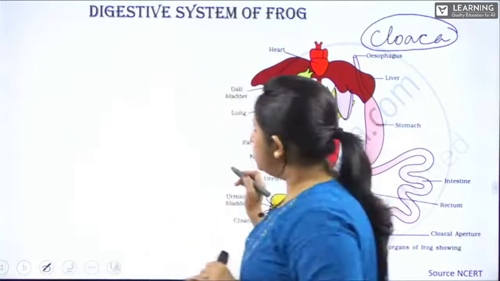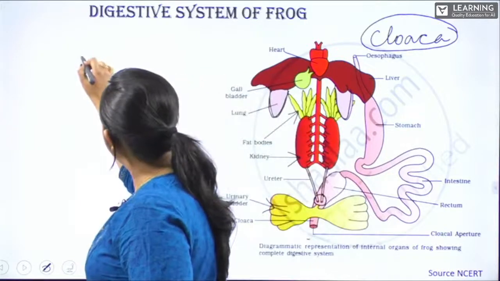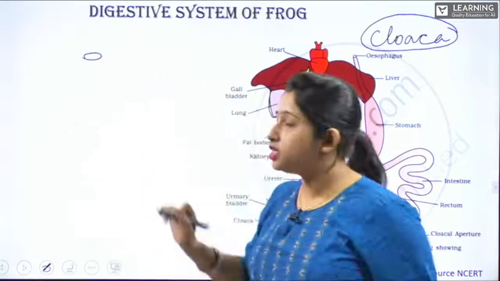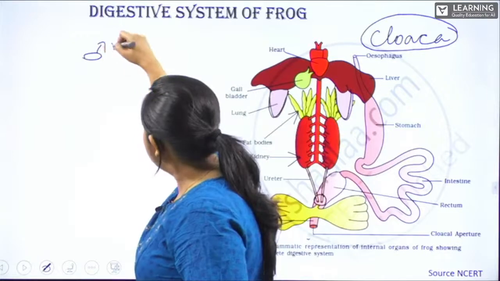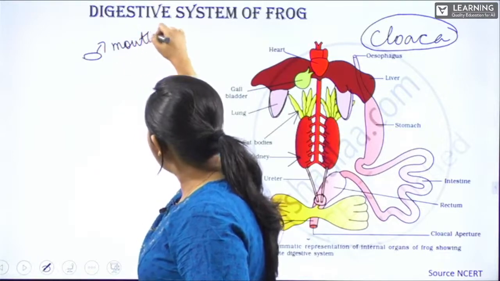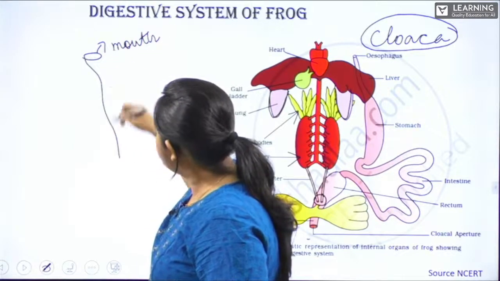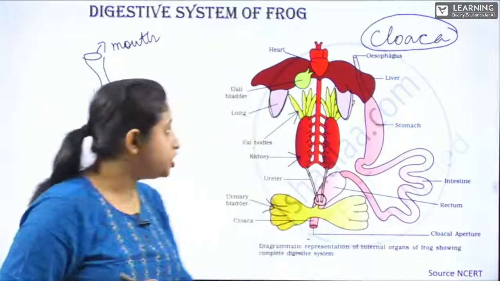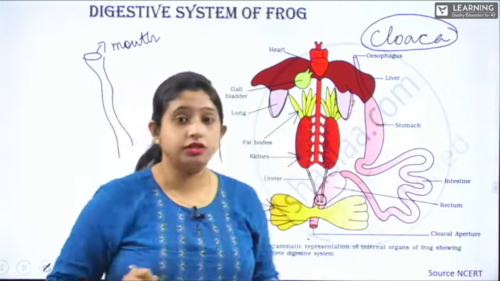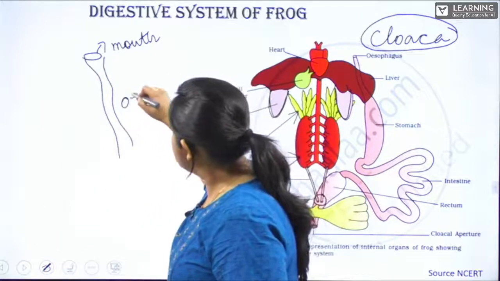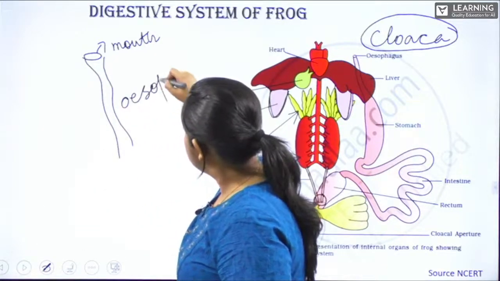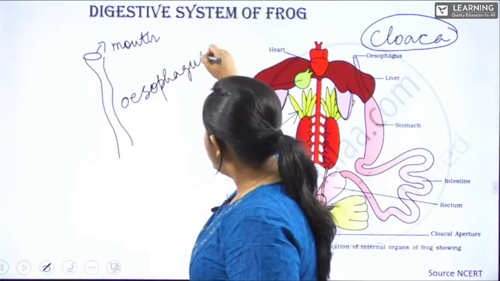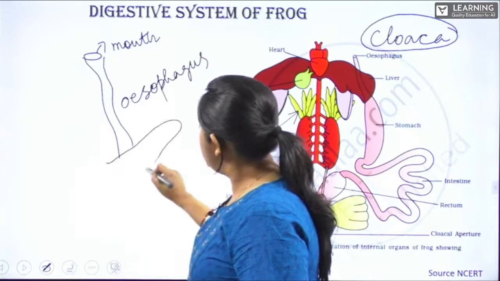If I draw the digestive system here, what will come first? The mouth will come first. After that, the oesophagus will come, as you can see in this picture. The oesophagus is connected to the liver.